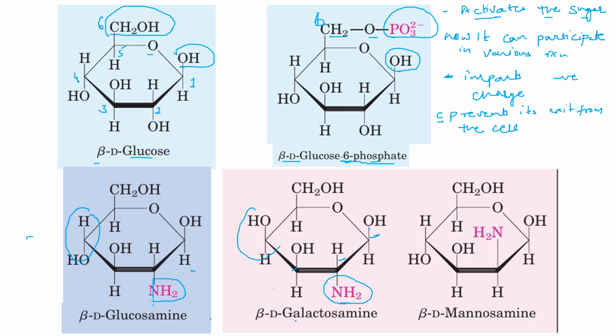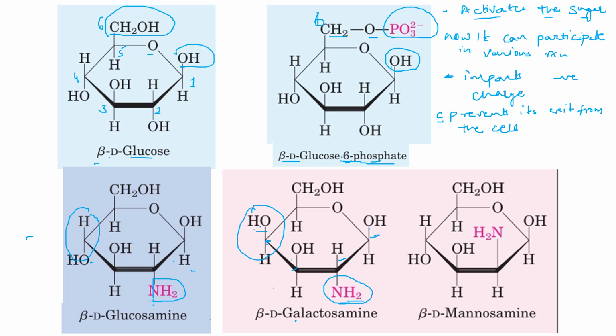On all carbons, the configuration is similar except at this C4. The OH over here is above the plane, and here it is below the plane. So this is galactose. Once you learn to draw the structure of glucose, you can make out the structure of galactose. Now galactosamine.